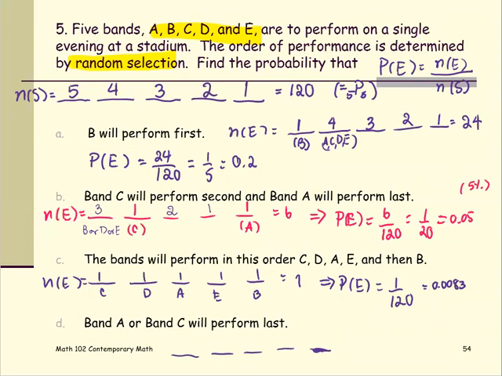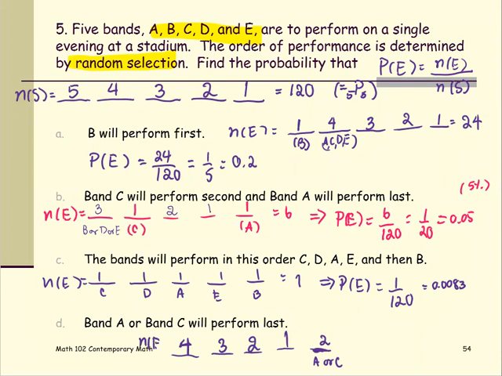The last option could be either A or C, so we have two options for the last one. Once one of them is selected for last, the first performance has 4 options, and then 3, then 2, and then 1.